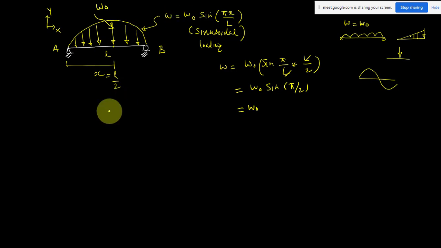Suppose we get a question like this. In this case you can't apply any other method; you have to go for the double integration method. If you want to solve it, this is your basic equation. I have the differential equation for any elastic curve. Because of this loading, this beam is going to bend something like this.